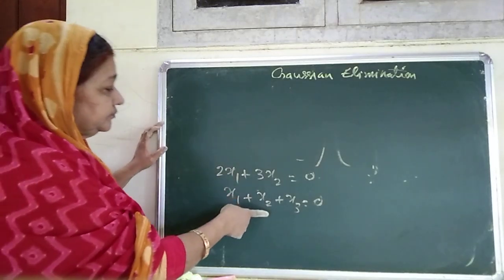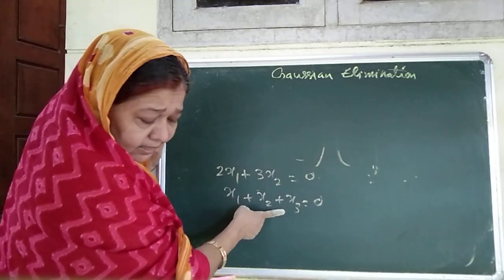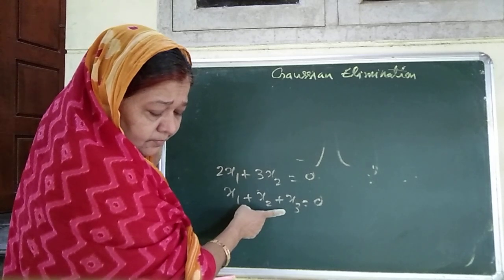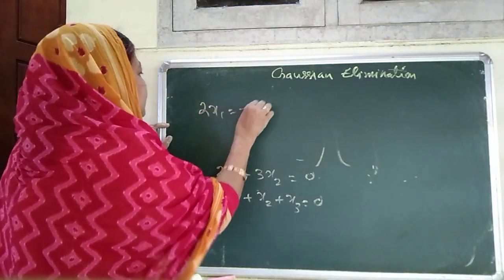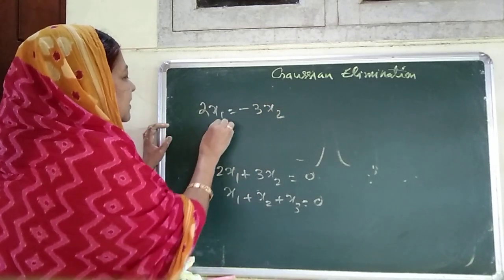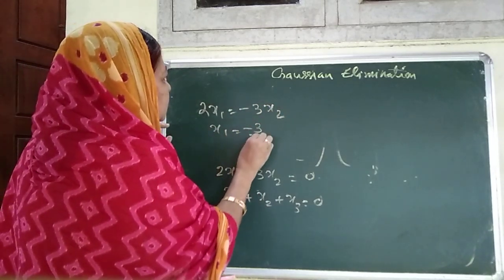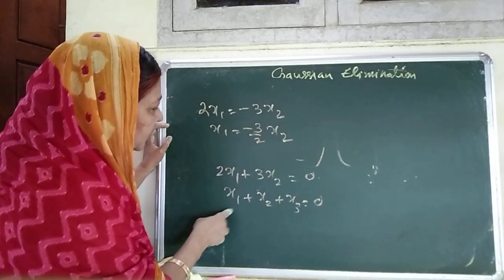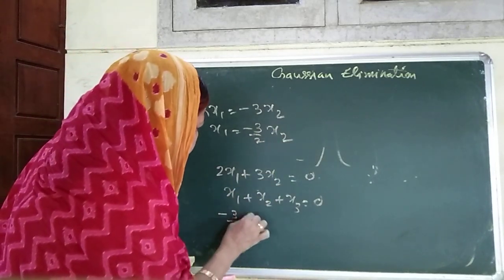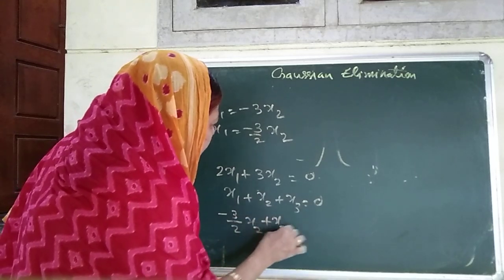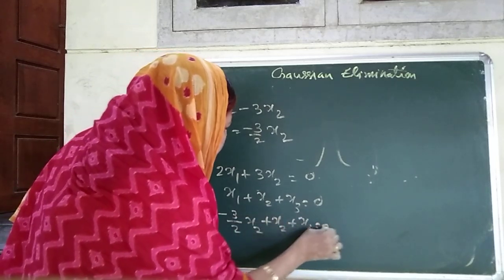Here 2x1 equal to minus 3x2. That is, x1 equal to minus 3 by 2 into x2. Therefore, x1 plus x2 plus x3 equal to 0 gives minus 3 by 2 x2 plus x2 plus x3 equal to 0.